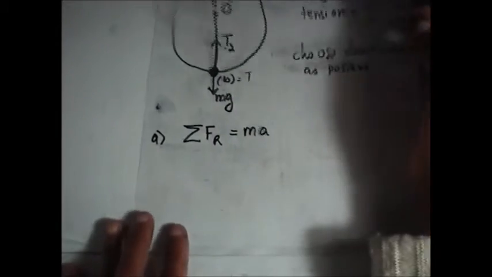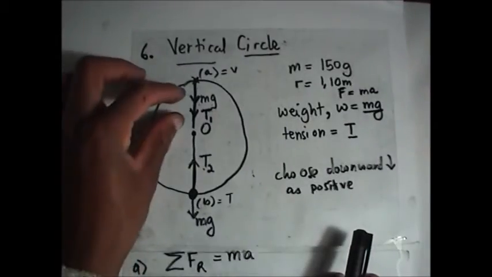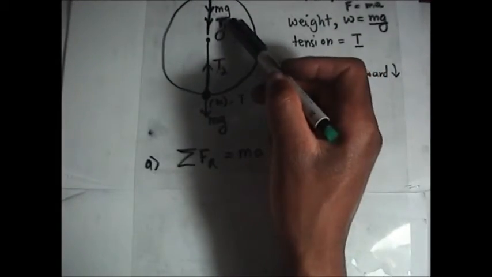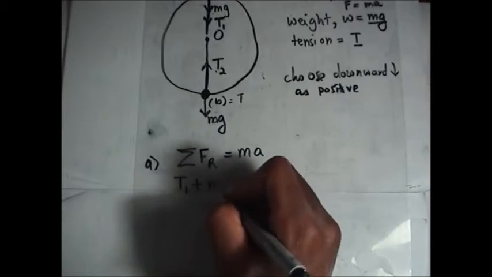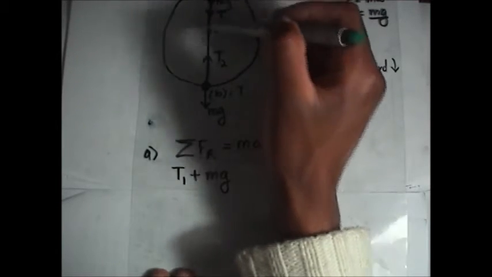Since they are both facing the center, the resultant force will be T1 plus mg, because they're both facing the same direction. So T1 plus mg is the resultant force, and it is equal to the centripetal force.